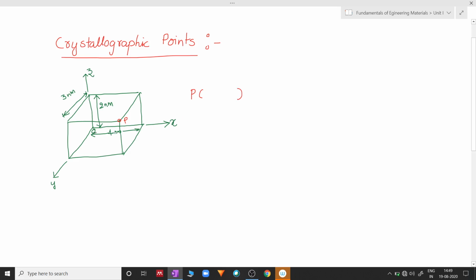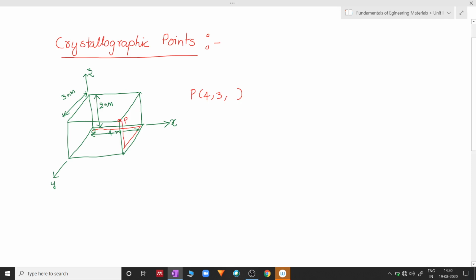To reach this point P, I need to move in the x direction 4 nanometers, so 4, comma, then in the y direction I need to move 3 nanometers, right, then comma, in the z direction 2 nanometers.